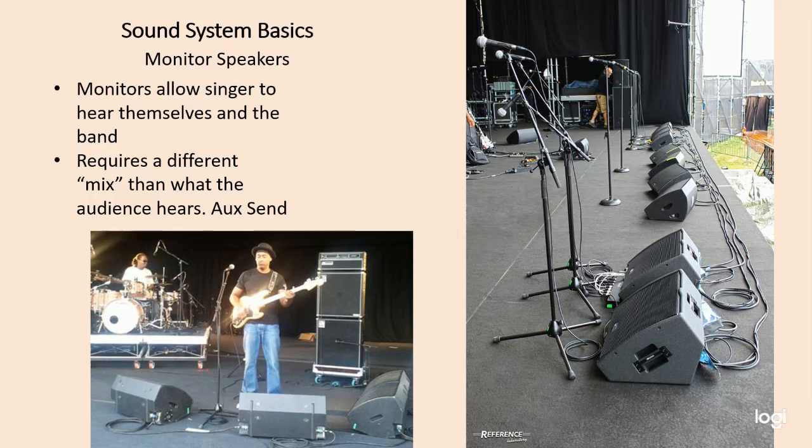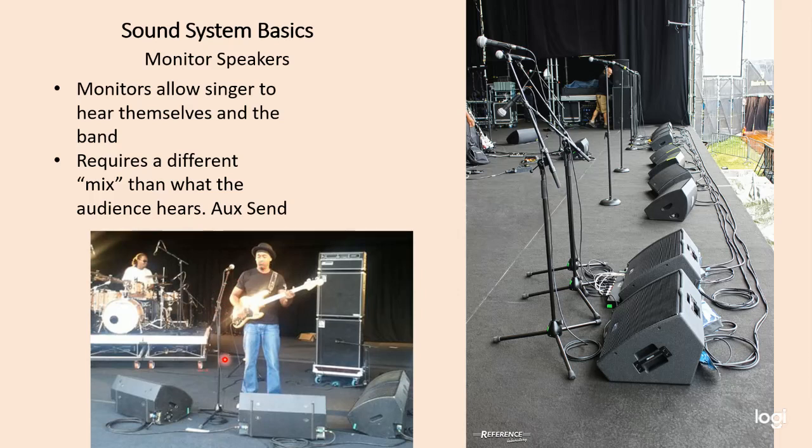So what we have to do is provide them with speakers that aim back at the performer, right? So you can see in this example here all these speakers that are aimed up at the singer. And this guitar player here has these series of speakers that are aimed at them.